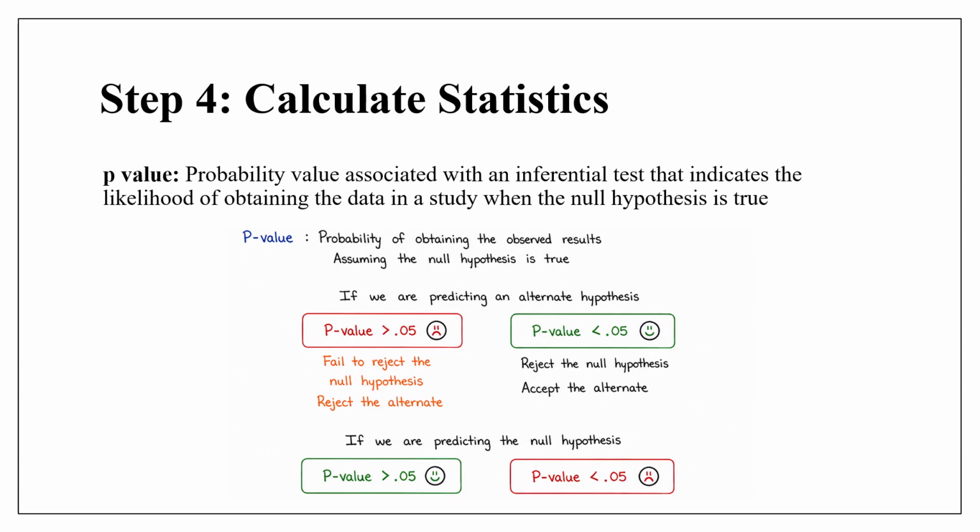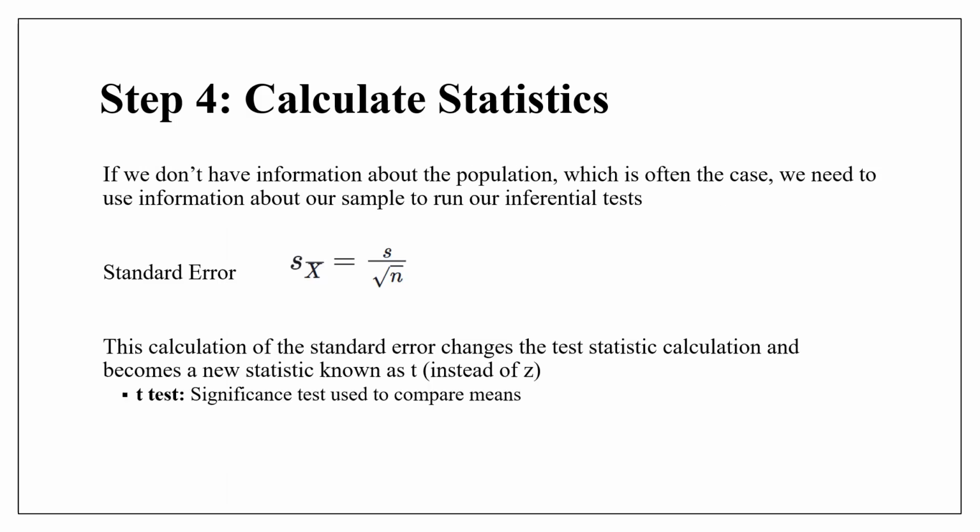But if you get a p-value that is less than 0.05, then you would be really sad because that means that you have rejected the null hypothesis when you were hoping to not reject the null hypothesis.